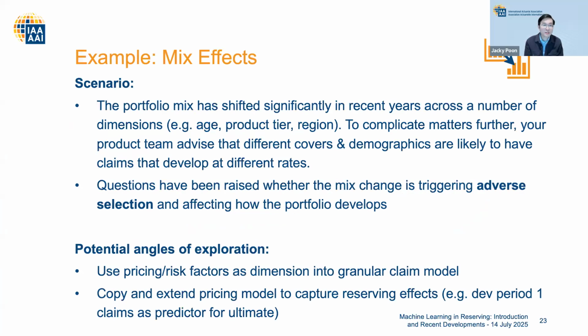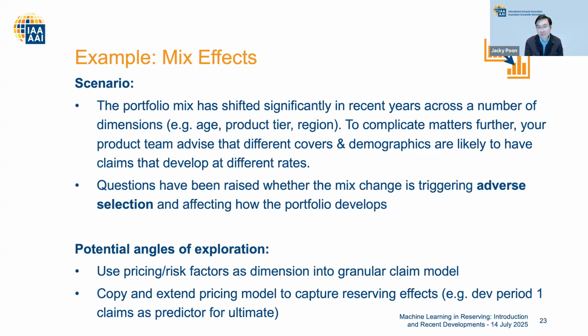And the first would be things like mix effects changes. So this would be an example where the portfolio mix has shifted over time. And to complicate matters further, people are speculating that actually that mix shift is affecting the way that the claims are developing. The traditional way to do this might be to just apply your pricing model and then apply something like a BF based on the pricing prior. So the mix shift is factored into the prior.